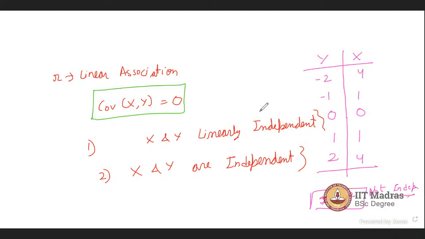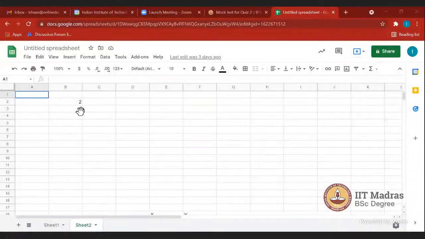Okay. Let's just compute the correlation for this. Let me open my Google Sheet for a minute. Okay, let me share it. So our data was this: y, this was x, -2, -1, 0, 1, 2. Here it's 4, 1, 0, 1 and 4.